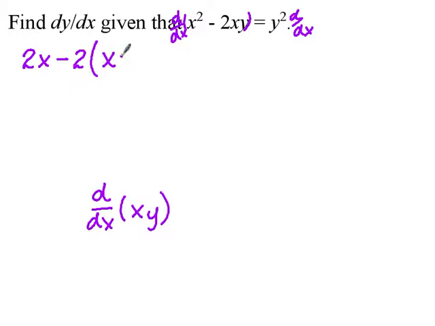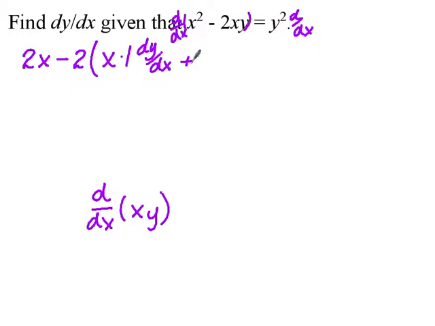What's the derivative of y? 1. Do your variables match? No, so that's where you need a dy dx, because you took the derivative of y on that one. Now that was first times derivative of your second.